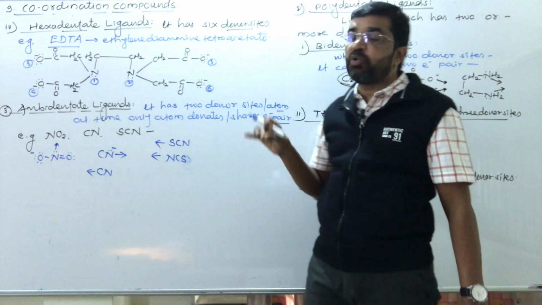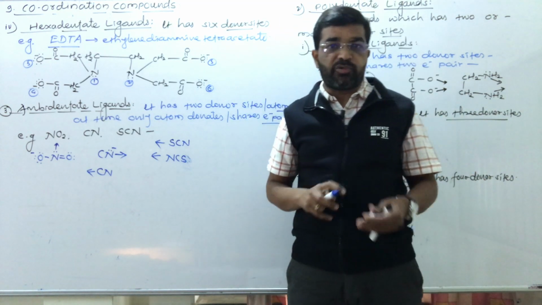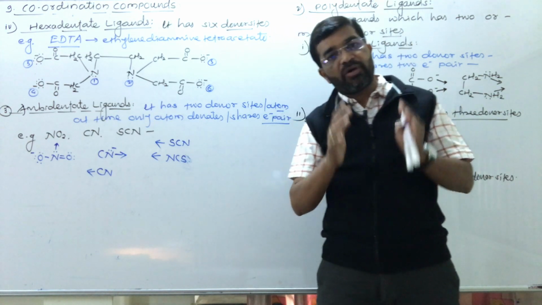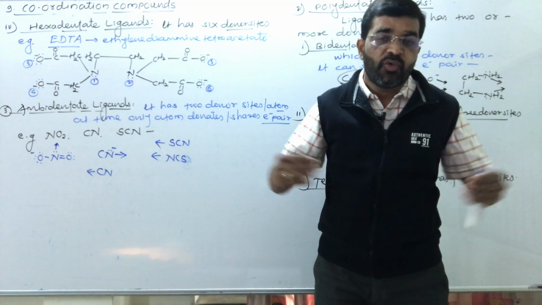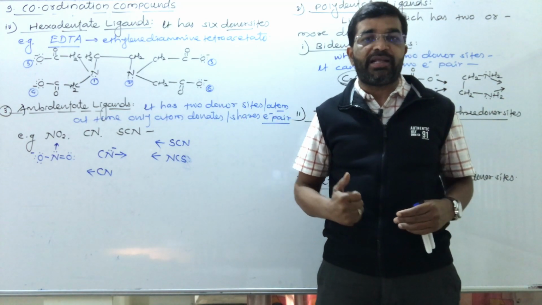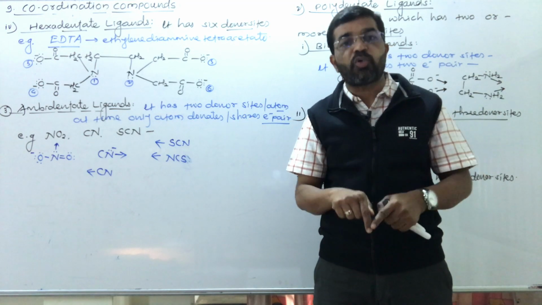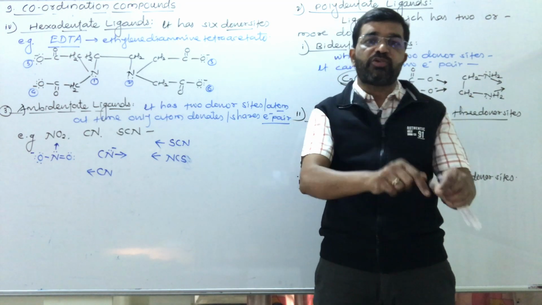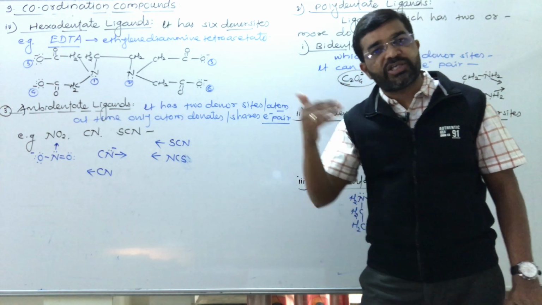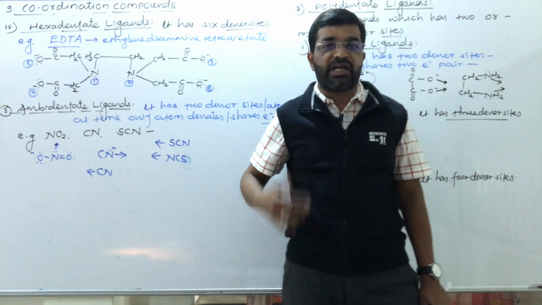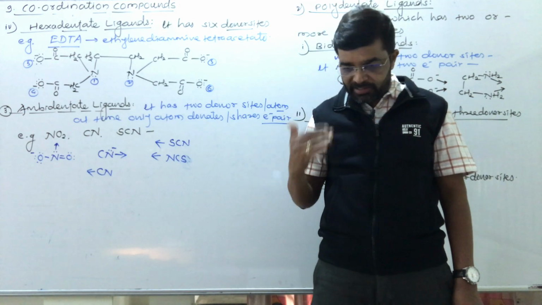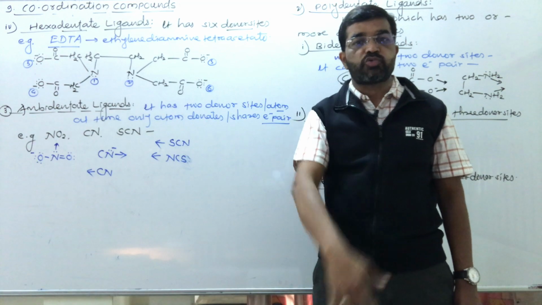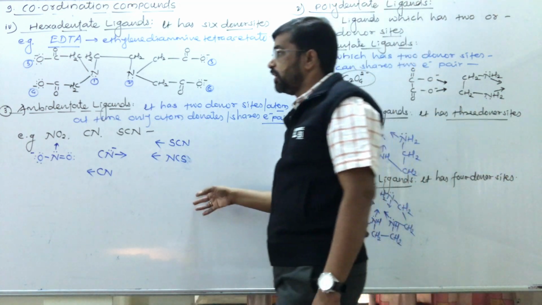So this is about the ligand. Once again you have to remember what a ligand is. Ligands are atoms, ions, molecules or species which are attached to the central metal atom or ion by formation of a coordinate bond, and they donate electron pairs to that electron deficient central metal atom or ion, and therefore form coordinate bonds with it.